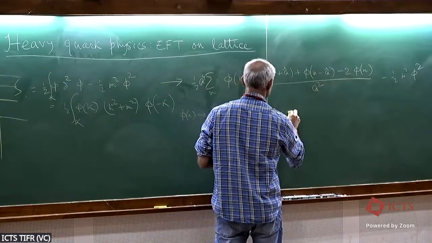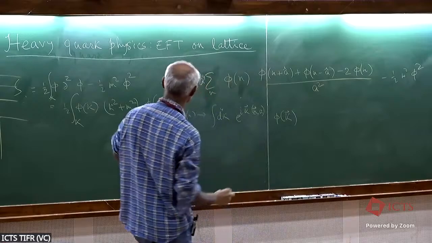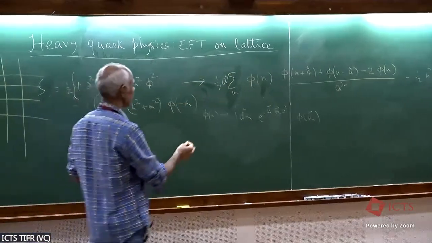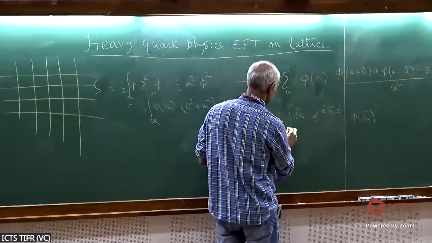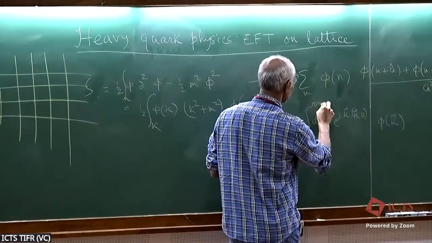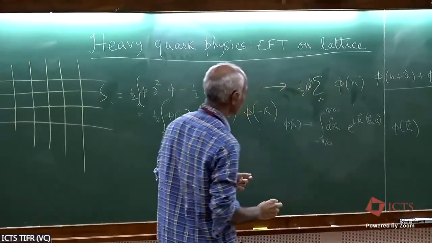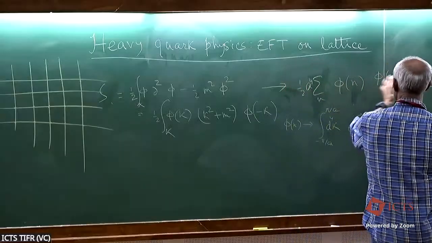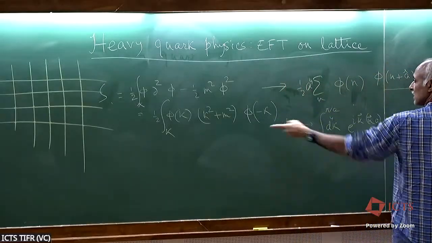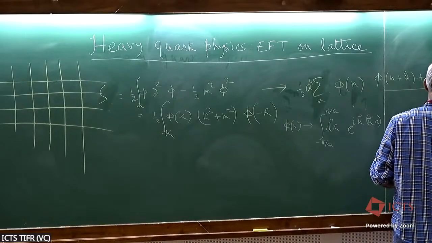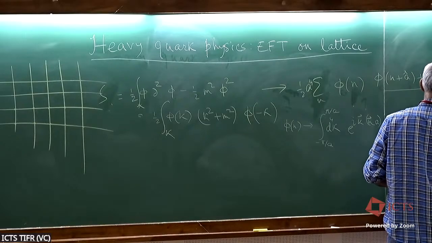Okay. And as you know, if there is a lattice with lattice spacing A, then there's a momentum space cutoff that we get. All the momenta are restricted minus pi over A to pi over A. Okay. And if you replace this over here, then you will get that this term gives you, instead of that form of integral A over this range.